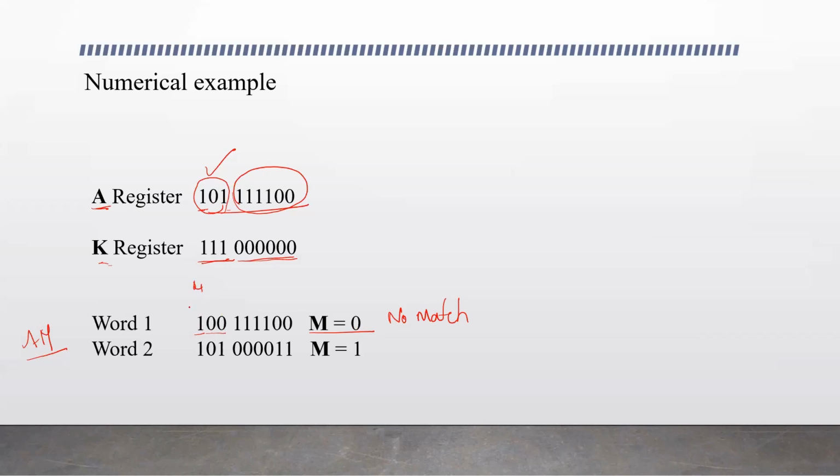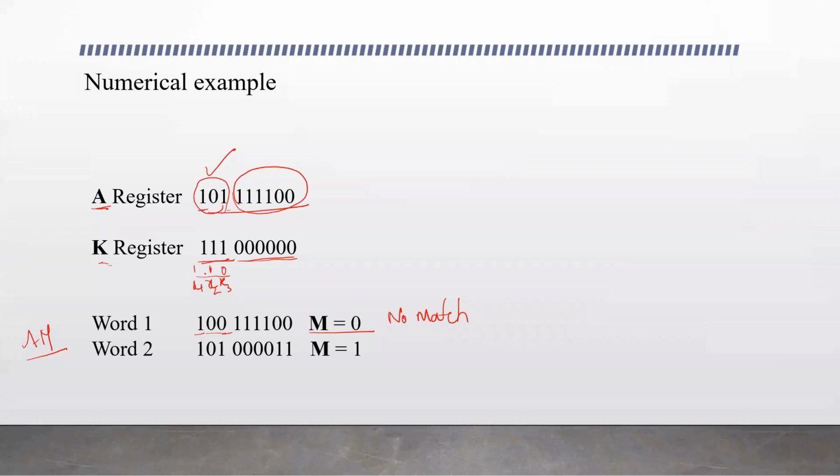And the second bit, 0 is compared with 0. It is matching. So x2, the second position, is set to 1. And the third bit is compared, 0 and 1. There is no match here. The two bits are different, so x3 would be 0.